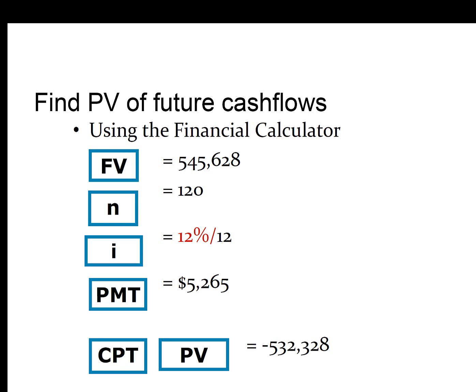Please note here, both future value and monthly payment are positive numbers because we are calculating the present value of this future cash flow to the lender. So the monthly payment and outstanding balance are the money the lender receives. So we can compute this future cash flow at a current market interest rate of 12%. This future cash flow is worth $532,328 to the lender.